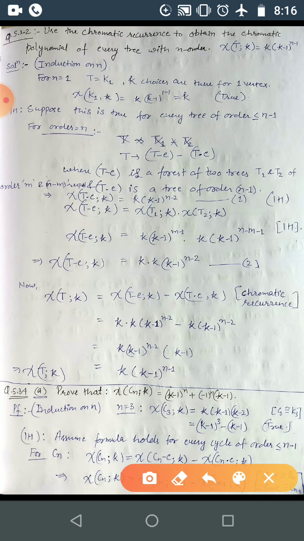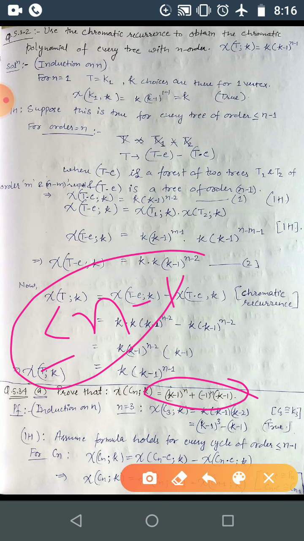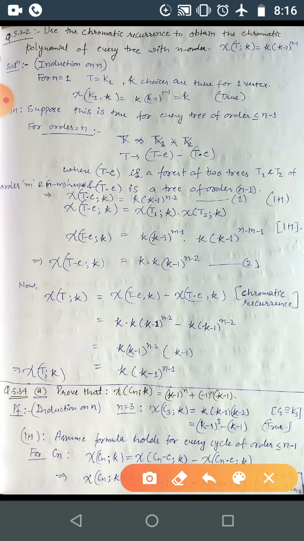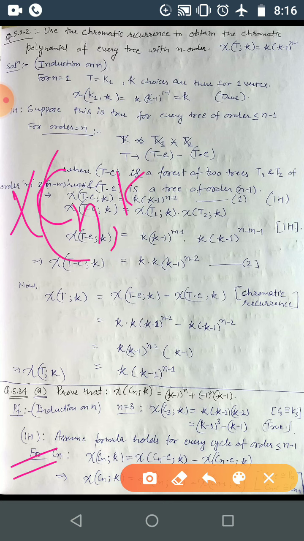So next, this was the induction base case. Now induction step, induction hypothesis. Assume this formula holds for every cycle of order up to n minus 1, and we will be proving it for order n. Okay. So for Cn, we are proving the chromatic polynomial when k colors are given.